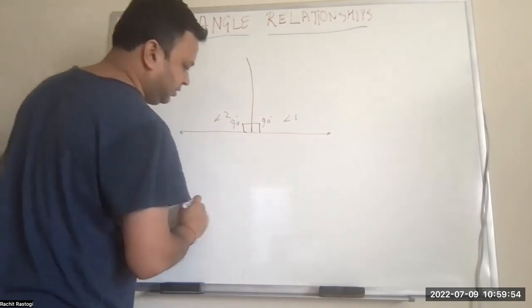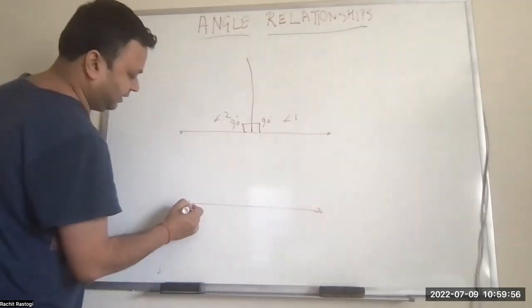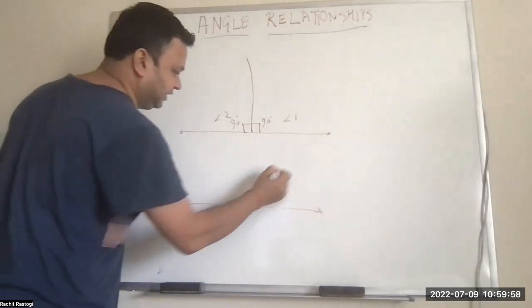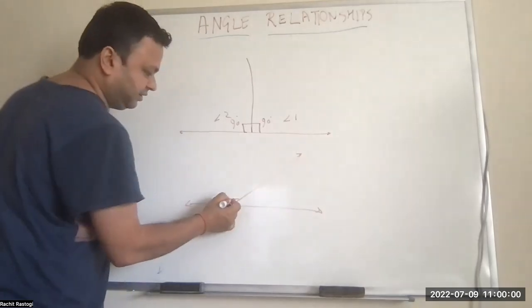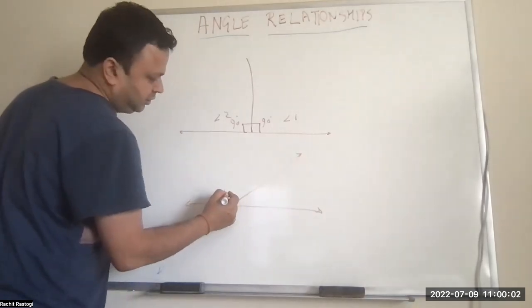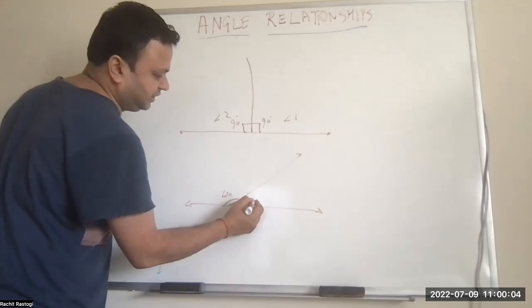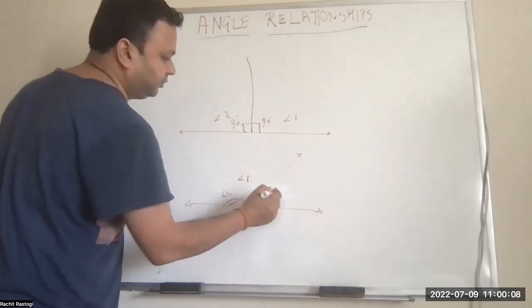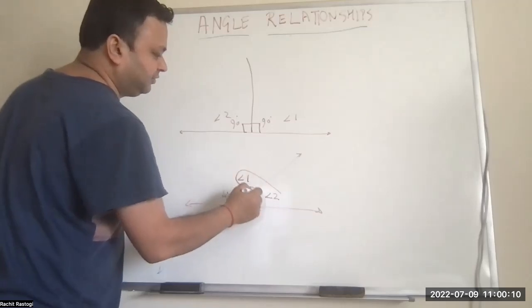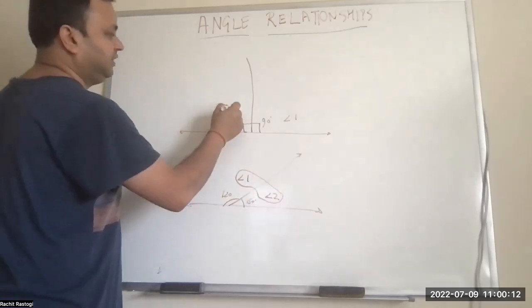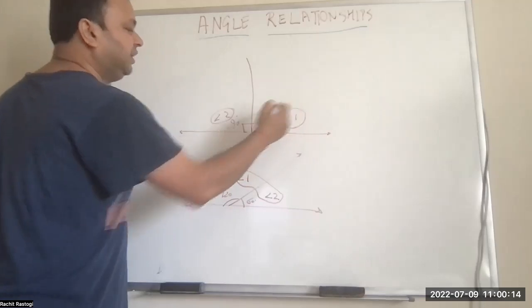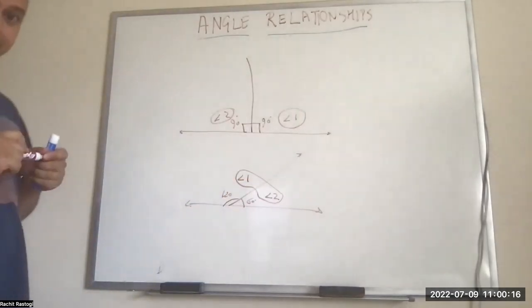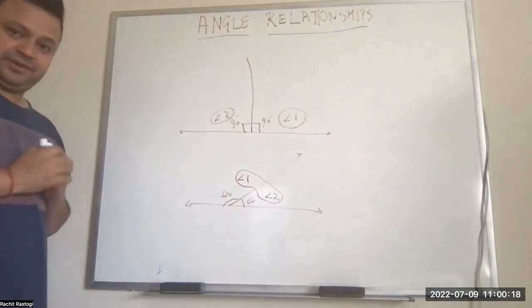Or you can have something like, let's say this one is 120 degrees and this one is 60 degrees. So this is your angle 1 and this is your angle 2. The idea is that the sum of these two should be 180. Then it is called supplementary angles.